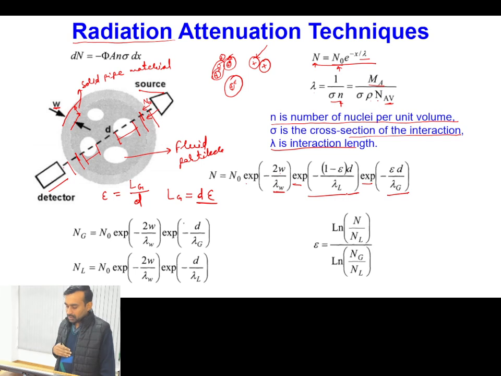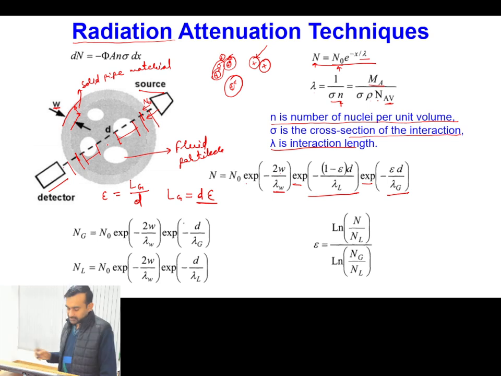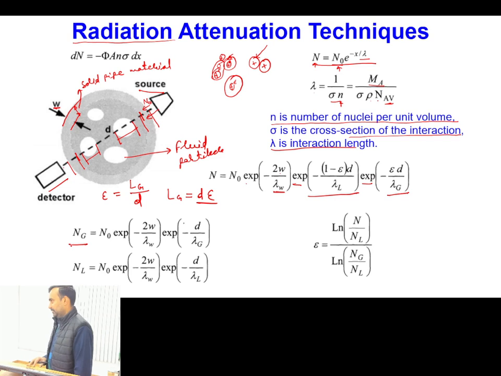Now what we have to do? If you randomly try to test this, every time you will get some signal, but you will not have a clear idea. So in order to get a clear idea, we need to calibrate this system. How will we calibrate it? First, we allow the pure flow of gas into the pipe.